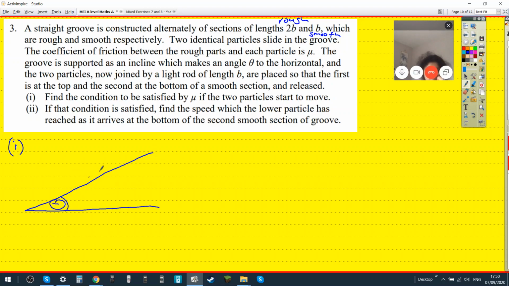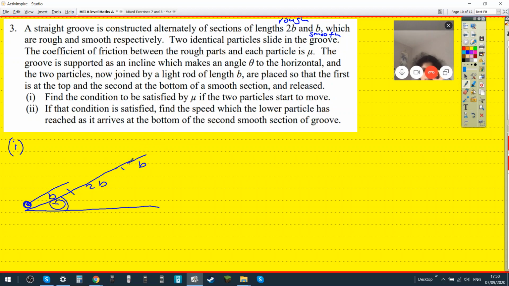I think it said it was theta. I think we have basically a particle here and here. They're connected by something. But the rod's only length b, it's not that long. The first is at the top, and the second is of a smooth section.